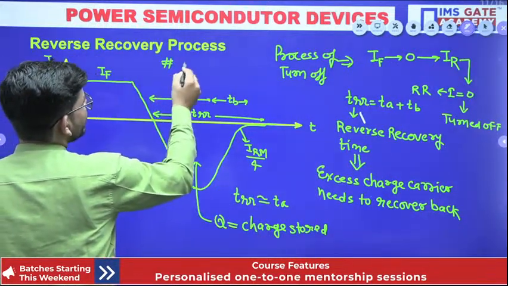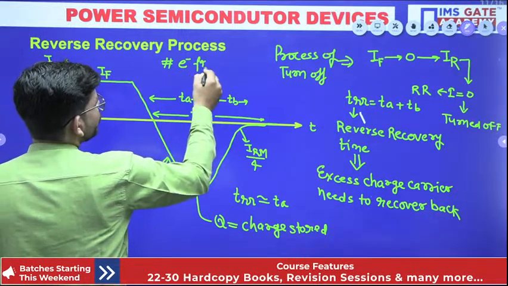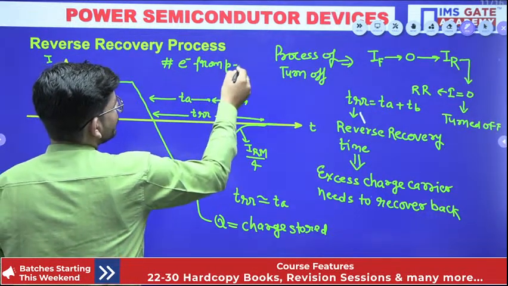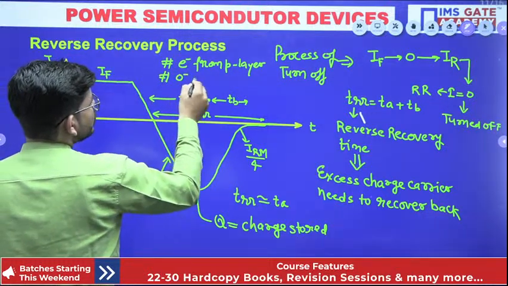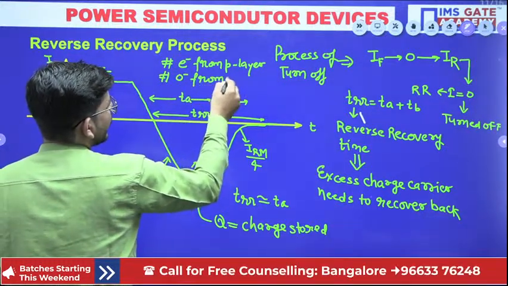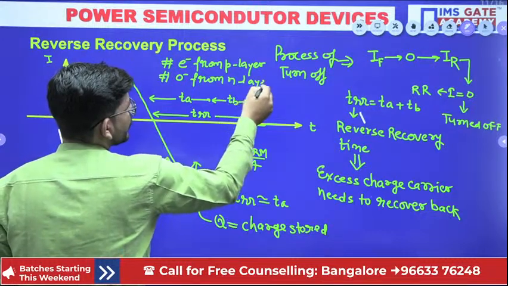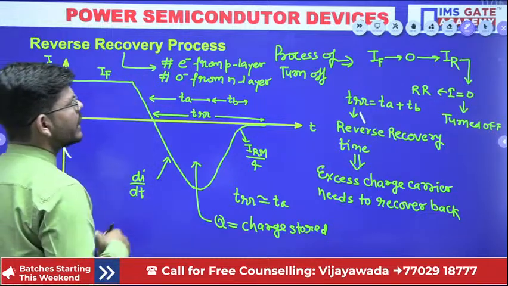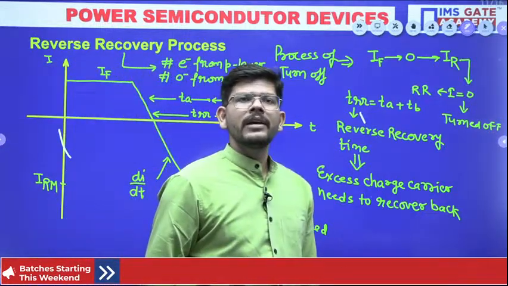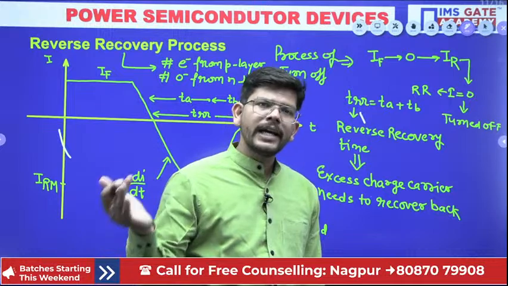Here we are recovering electrons from p layer and we are recovering holes from n layer. Yes or no? We are recovering here electrons from p layer which have crossed the n layer and reached the p layer.